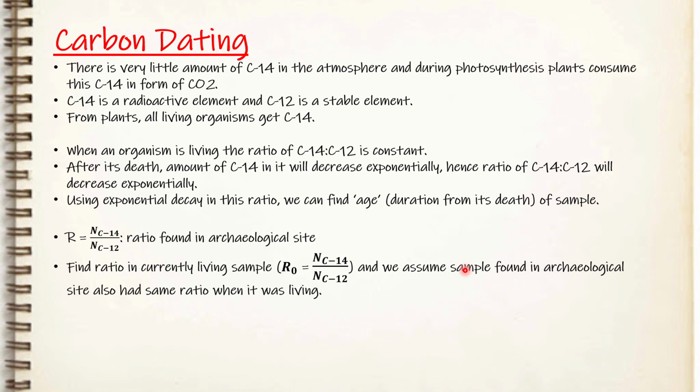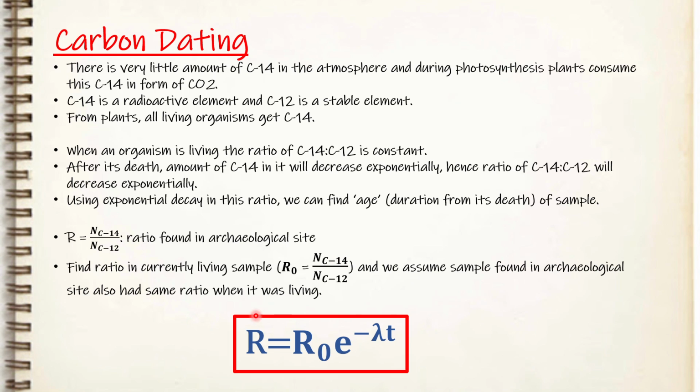We assume that the initial ratio when it was living was the same as this currently living sample, and we call this R naught. Then we can use this exponential equation.